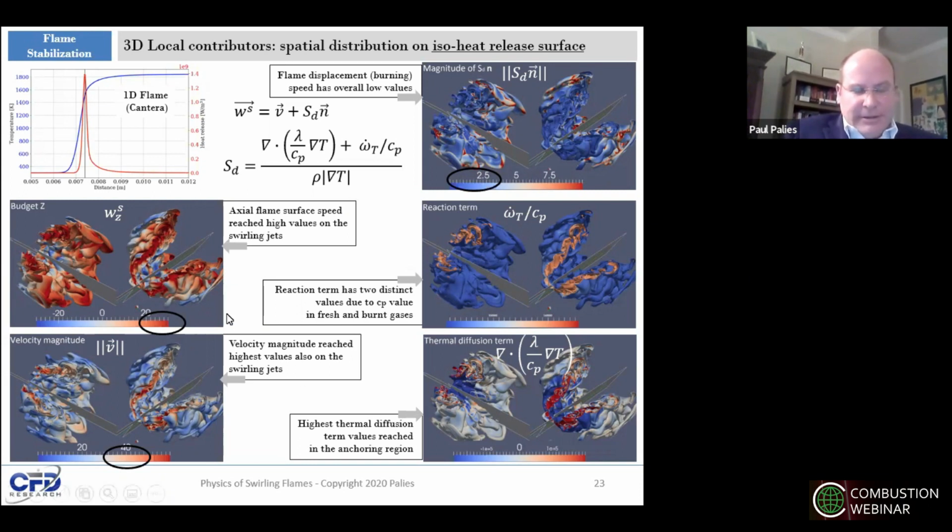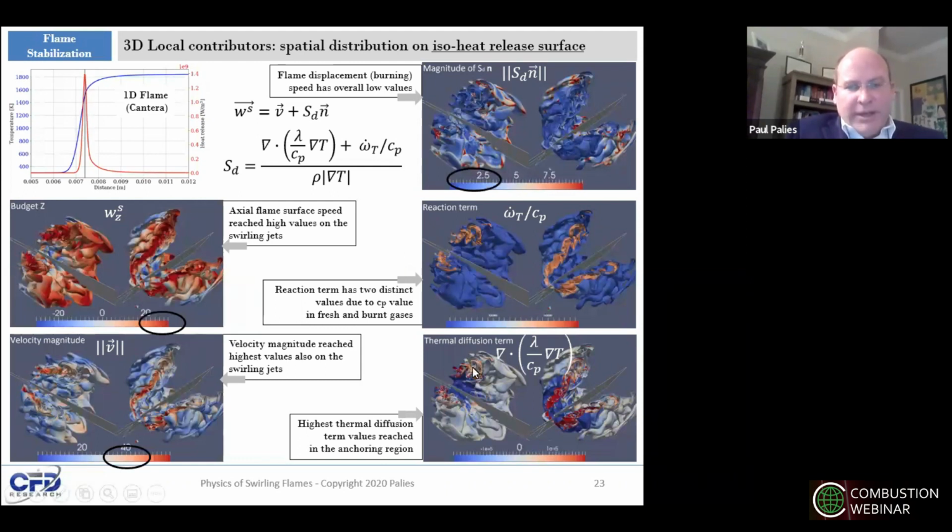On the left of this slide, you see what I call the budget Z, this relation, the flame surface speed relationship in the Z direction, because it's a vectorial equation. And what this result tells us is that you see a strong contribution on the swirling jet, meaning that on the swirling jet, the flow dominates the dynamic.